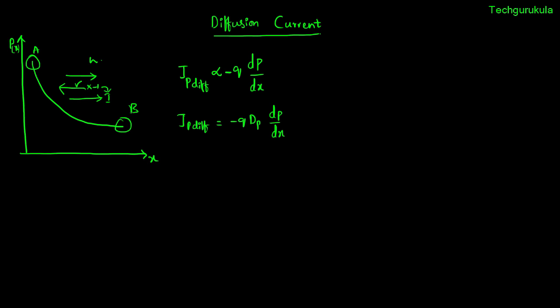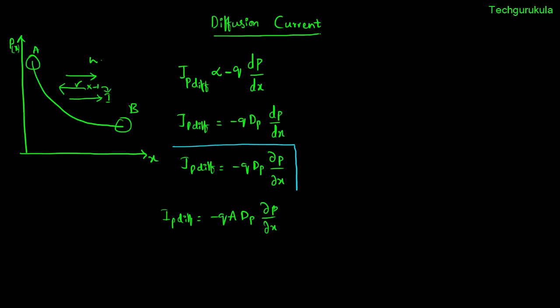As a result, we can generically write this as Jp diffusion is equal to minus q Dp ∂p/∂x. And if you are interested in current, then we can write this as Ip diffusion is equal to minus q times the cross-sectional area times Dp times ∂p/∂x. This is a very important expression.